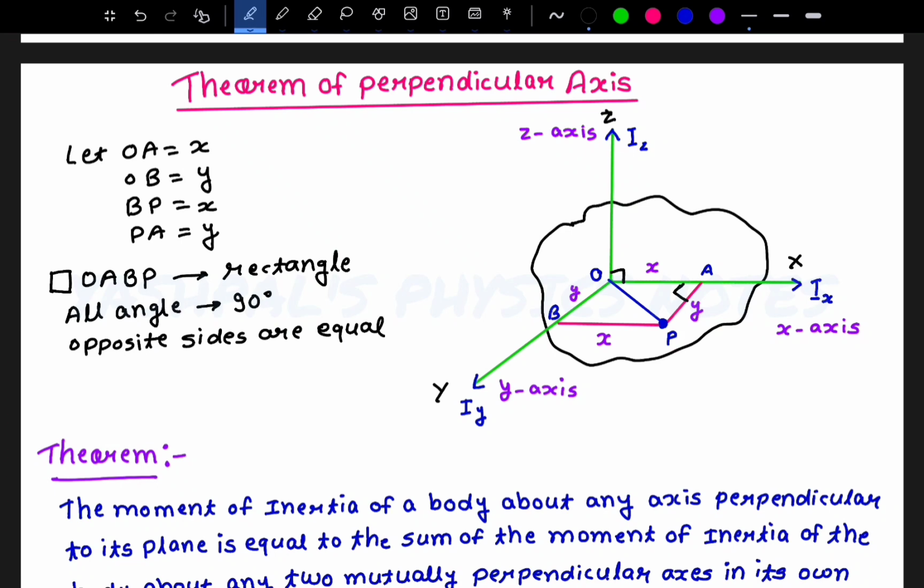So we are going to make use of these assumptions which I have written here: OA is x, OB is y, BP is x and PA is y.